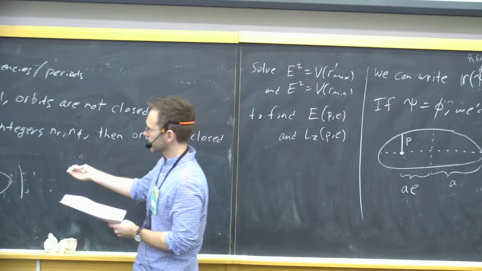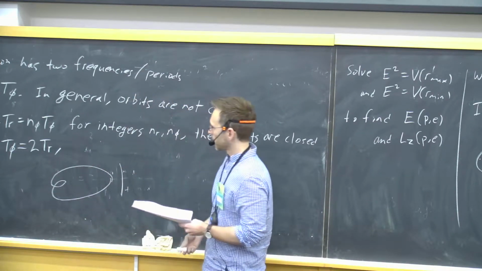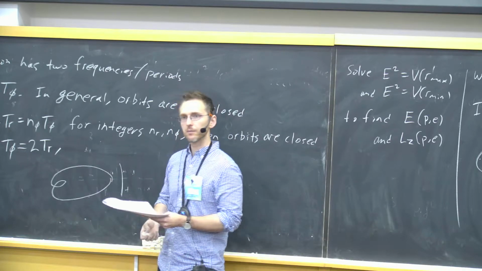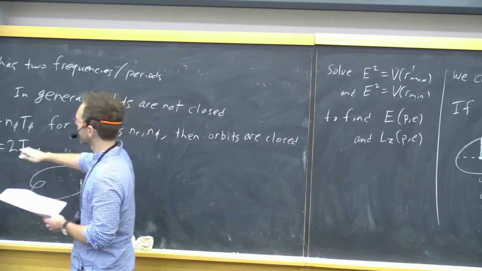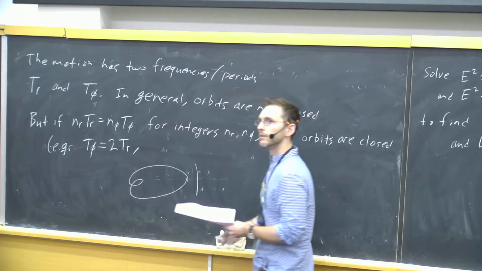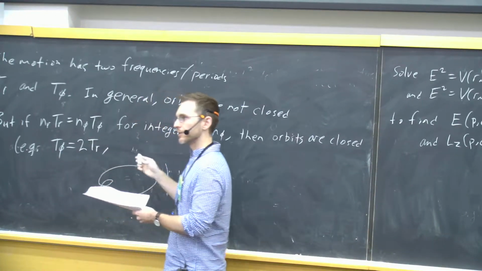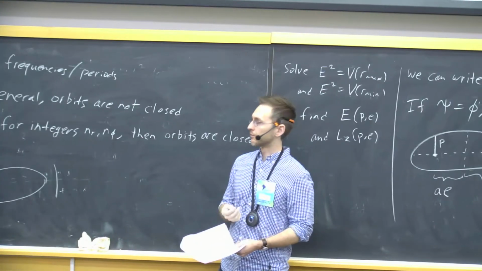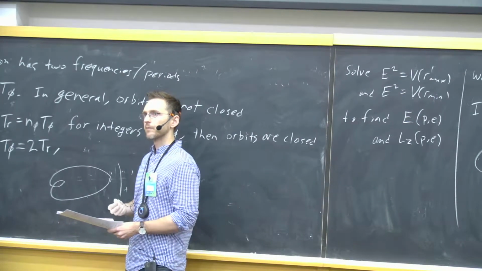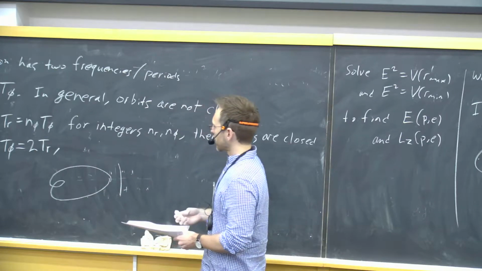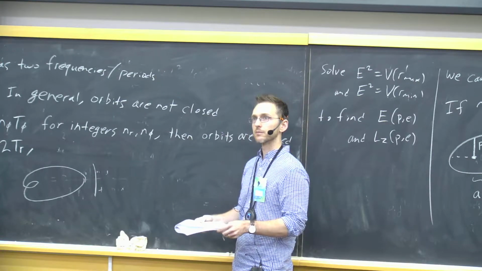So this does two azimuthal periods for one radial period. If this relationship holds, then you'll have some number of radial oscillations, some number of azimuthal oscillations, and you'll get back to where you started. This is less relevant for Schwarzschild, but these resonant orbits will be more important for Kerr.